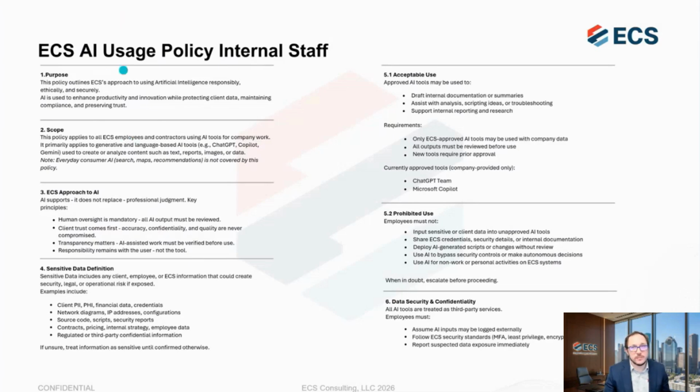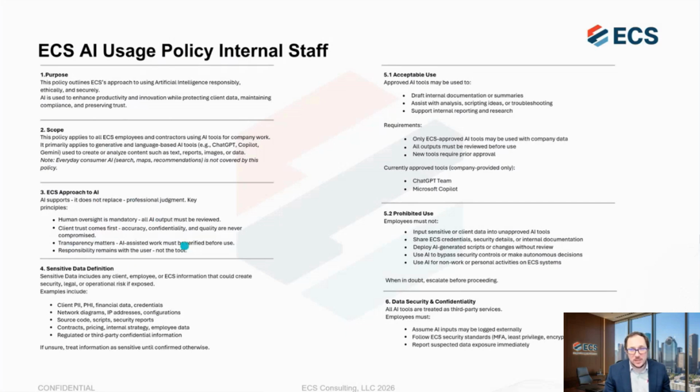We have a purpose. We define what our approach to AI is. Our approach is that it doesn't replace you; we want you to be educated on it. Scope: who does it apply to? Which AI systems can be used?